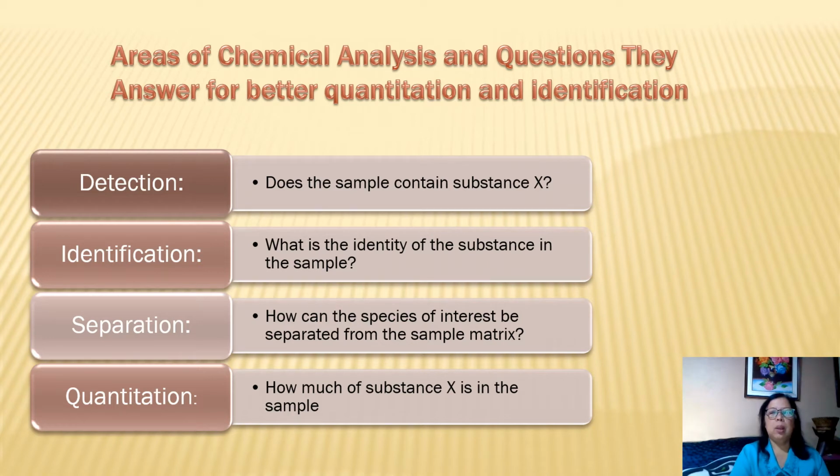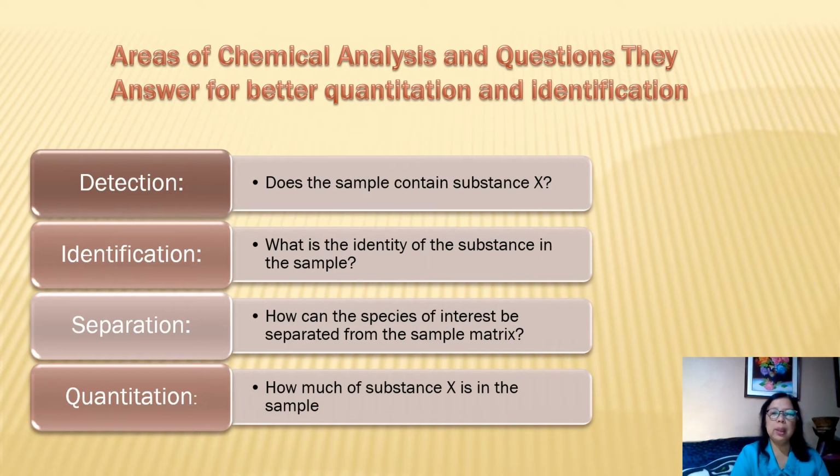If you are in a commercial laboratory, let us say, for example, you are given a milk tea, but that milk tea had caused the death of person XYZ. So, what is your objective here? To determine what had poisoned person XYZ.